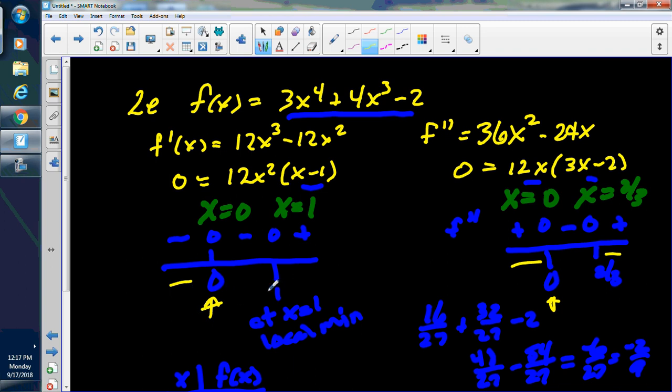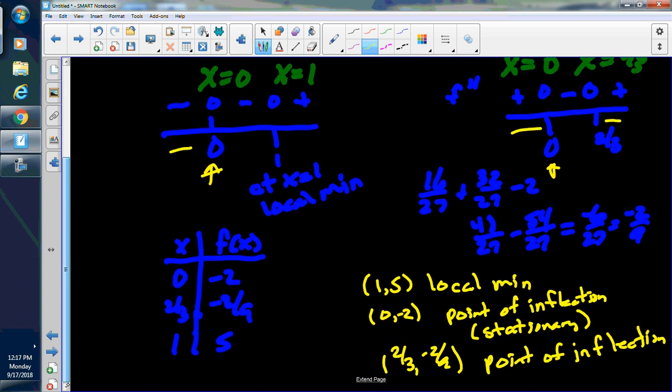Then we keep decreasing, then we increase. At 0, we have a stationary point of inflection. Then at 1, we have a minimum. And that minimum value is, I believe it was -5. It was 5.